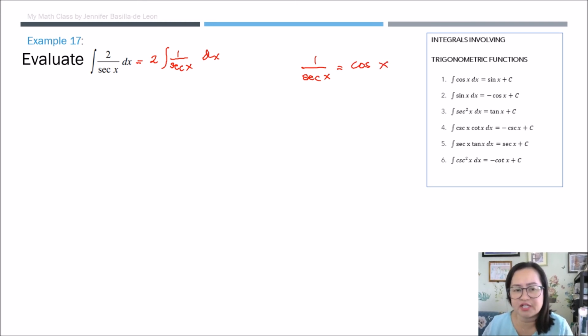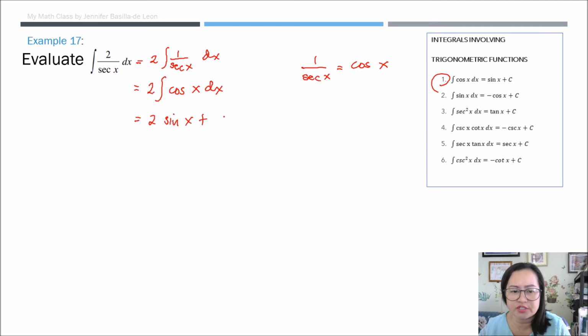Okay, this is one of the trigonometric identities that we have studied previously. So rewriting the expression, we will have 2 times the antiderivative of cosine x dx. This time we can use rule number 1 in evaluating the given expression. So we shall have 2 times sine x plus c.